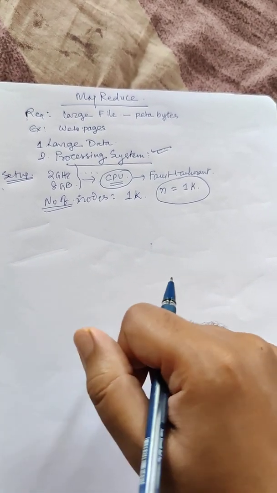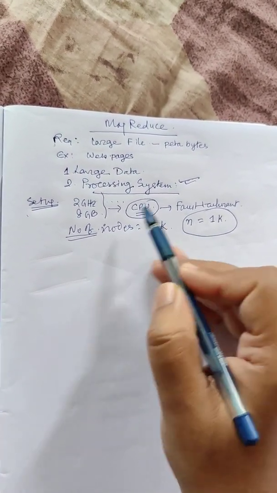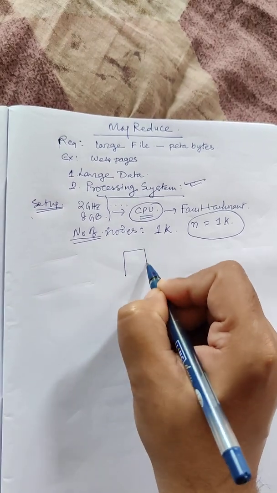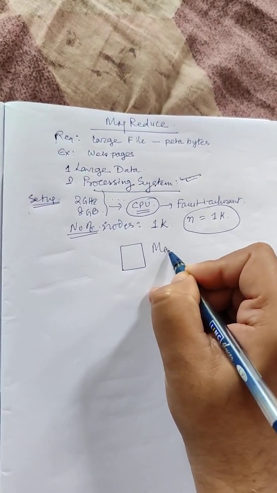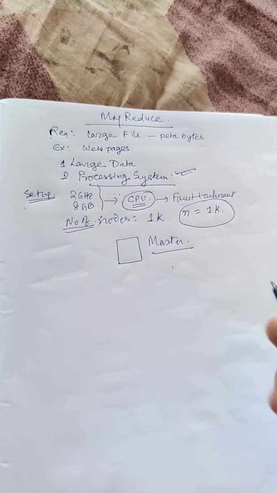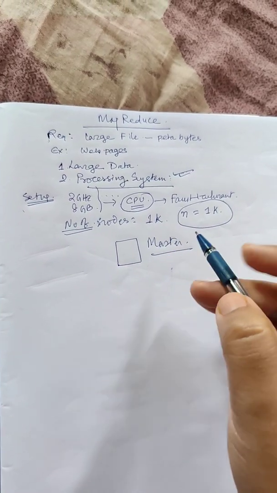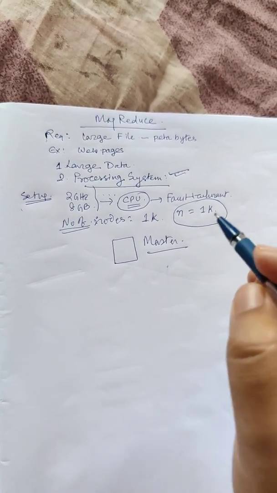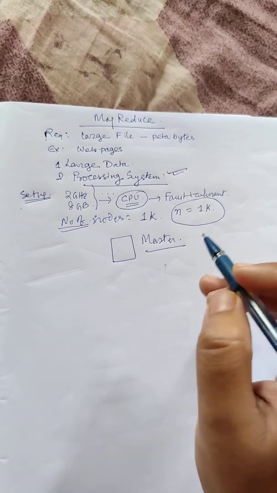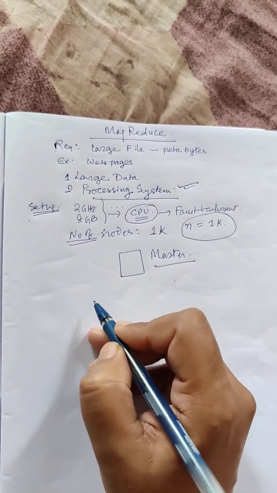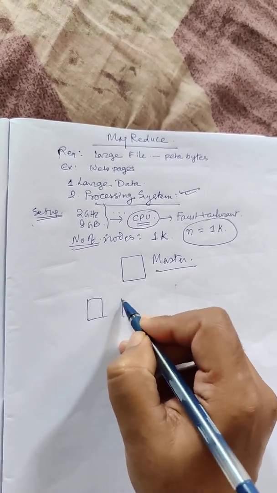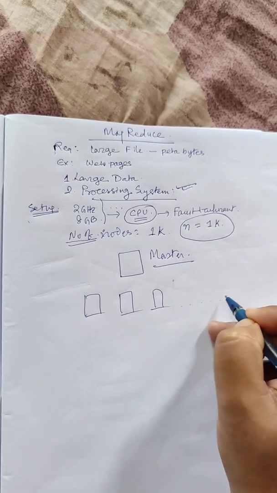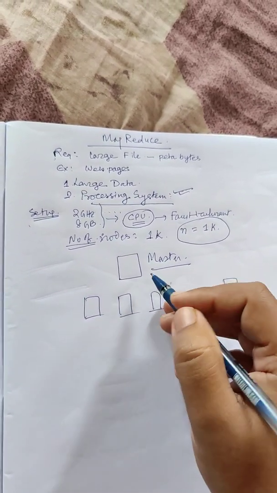Now among these thousand nodes, there will be one node which is going to be treated as the master. The master itself is commodity hardware, like the rest of the thousand nodes, so the nature of the master is alike.